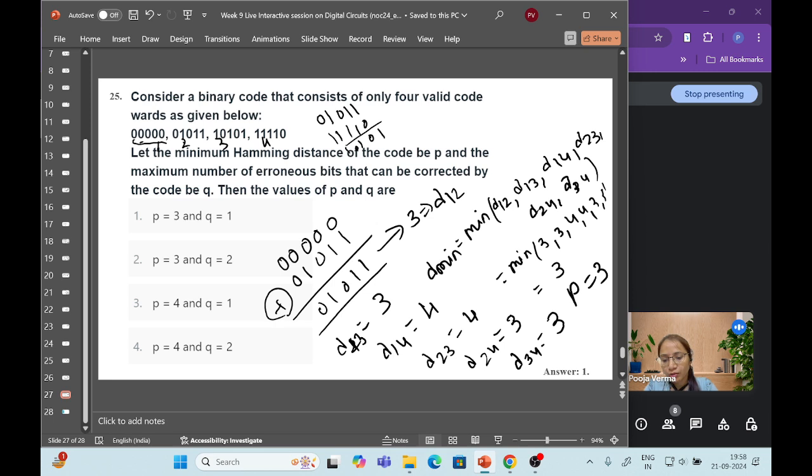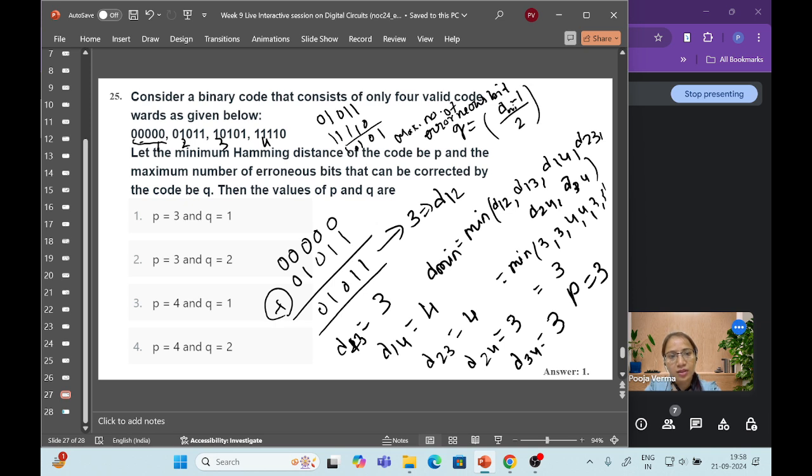Now we need to check the next one: the maximum number of erroneous bits that can be corrected by the code, represented by Q. The formula is (D minimum minus 1) divided by 2.